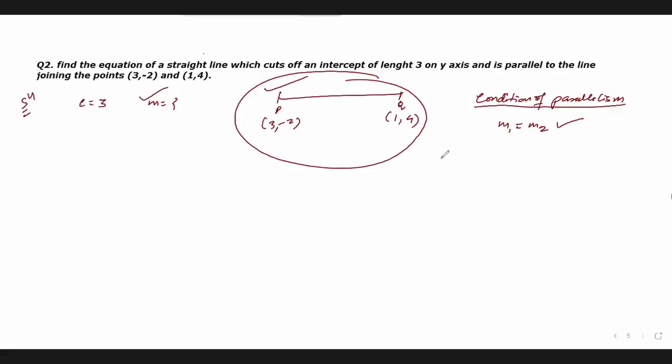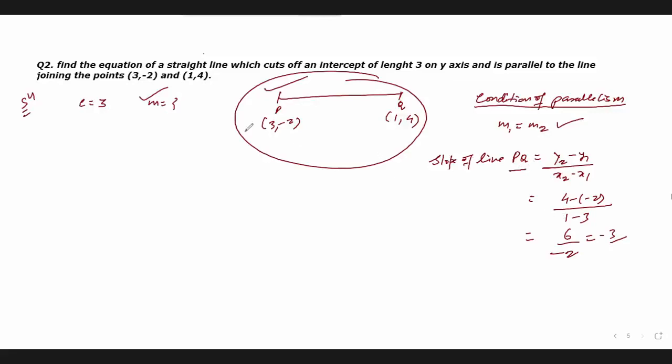So what will be the slope of line PQ? I will apply the formula y2 minus y1 divided by x2 minus x1. It is 4 minus of minus 2 divided by 1 minus 3. That is 6 divided by minus 2, that is minus 3. So I got the slope of line PQ, and PQ is parallel to the required line. So the slope for this line will be minus 3.